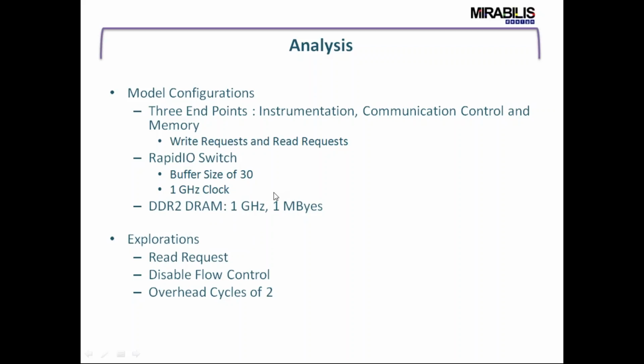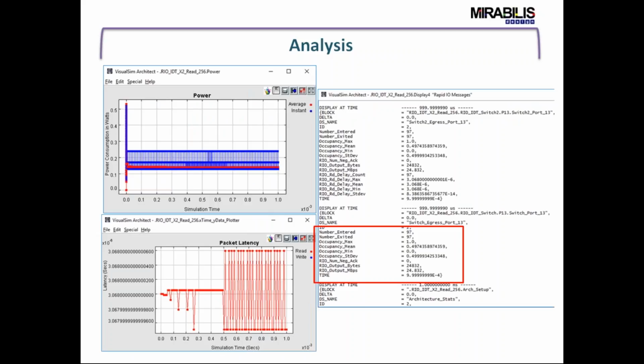And the kind of exploration we are trying to look at is to understand what happens if I have a read request and if I have disabled my flow control in my RapidIO switch itself, and if I consider overhead cycles of 2. And if you look at the reports that we have generated over here, in this case we have 3 reports.